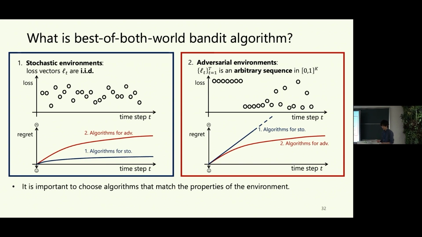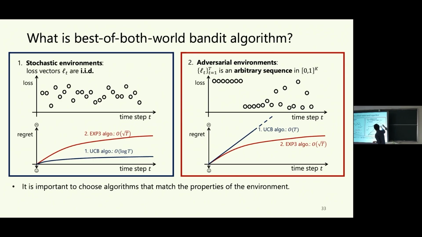And it is known that algorithms designed for each environment work better. Typically, for example, the UCB algorithm performs very well in stochastic environments, achieving log-T regret, but it is poor in adversarial environments. But an algorithm for adversarial environments like EXP3 works well in adversarial environments, but it's not the best choice in stochastic environments.